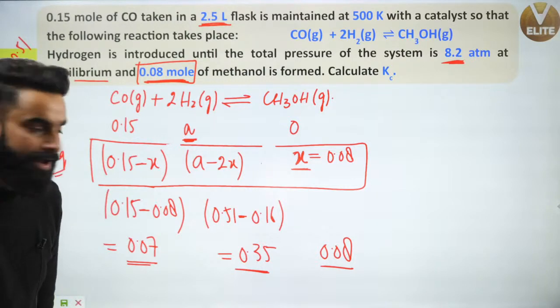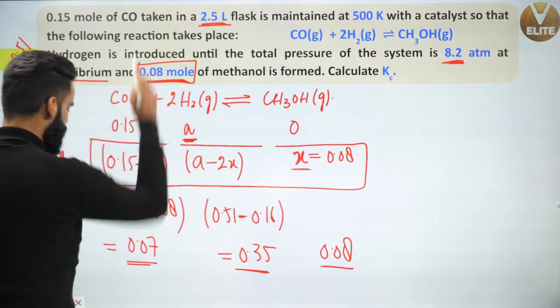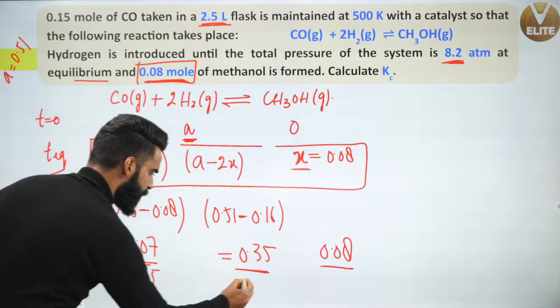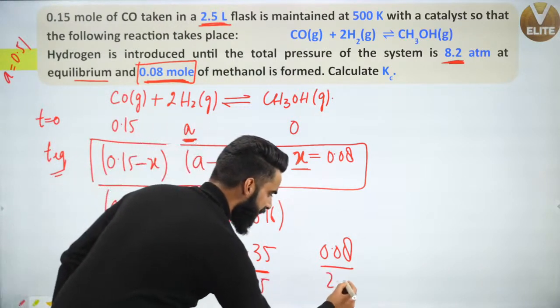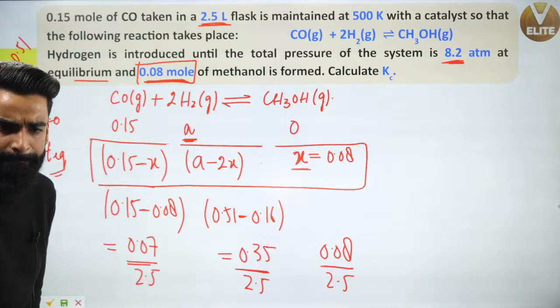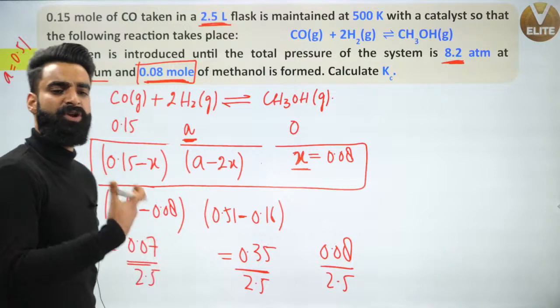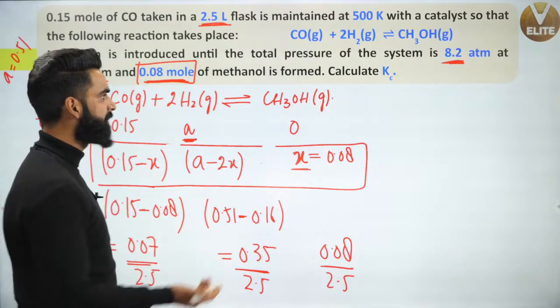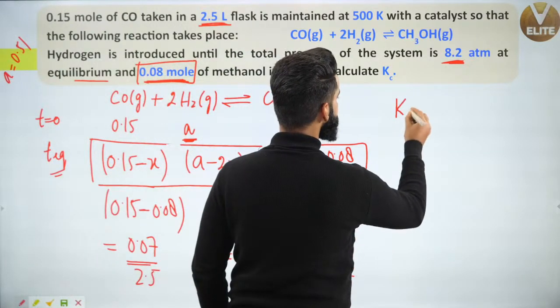Correct? If I divide these moles by the total volume, which is 2.5, am I getting the concentration of each reactant and product at equilibrium? If I got the concentration of each reactant and product at equilibrium, can I simply write the expression for Kc?